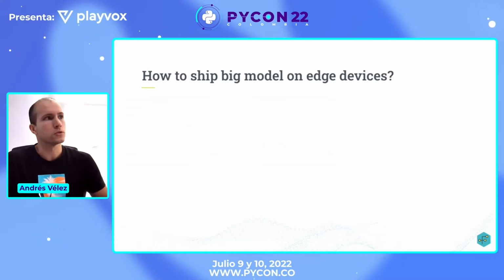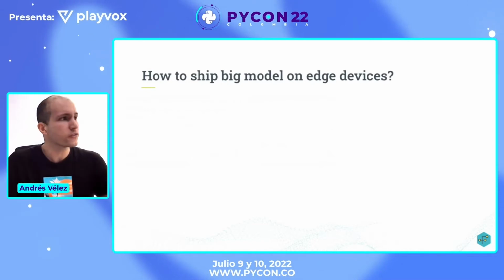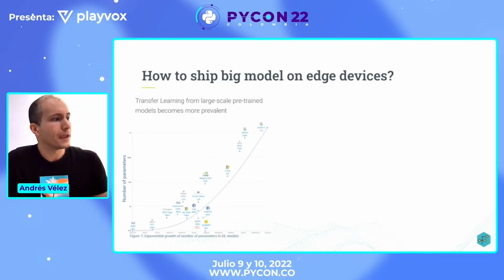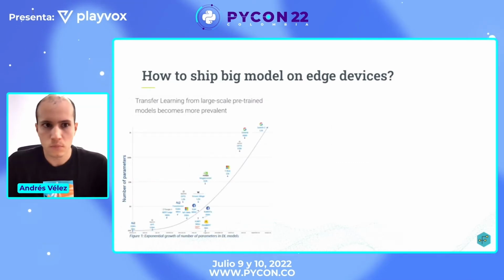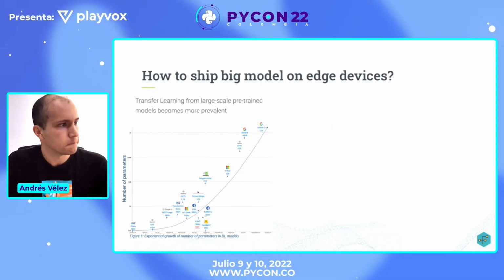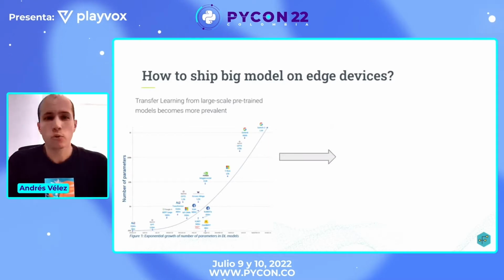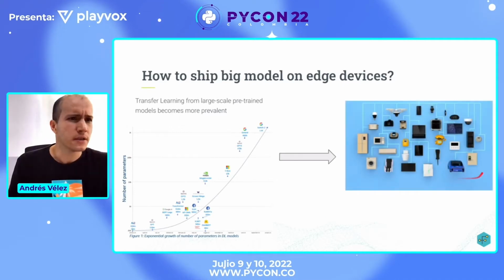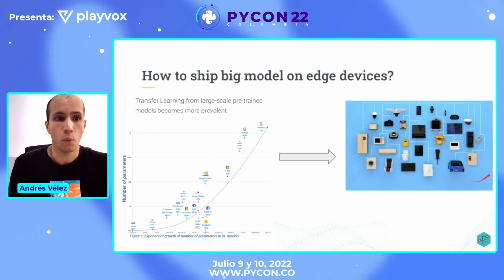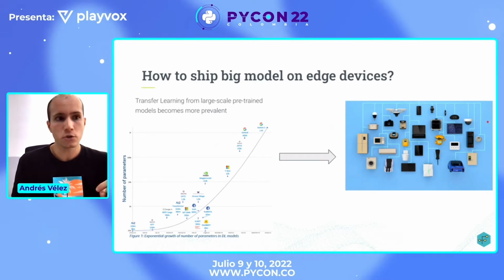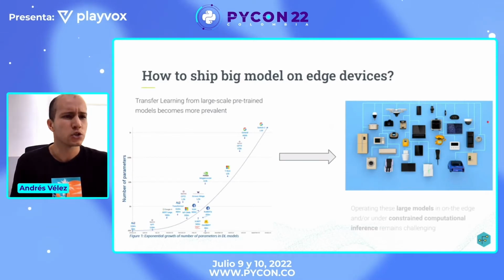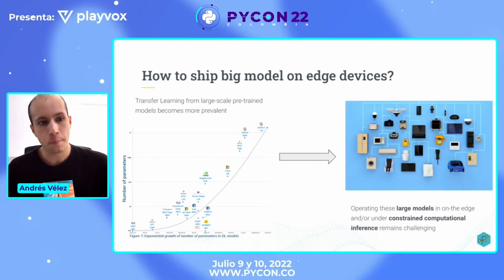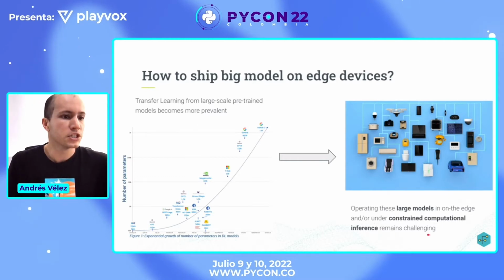Nowadays, it's pretty common to use transfer learning on the models we just reviewed. But the question is how we actually use those models on edge devices. And here we have a couple of constraints: memory constraints and computational constraints. So this still remains a challenge, to ship those big models to edge devices.